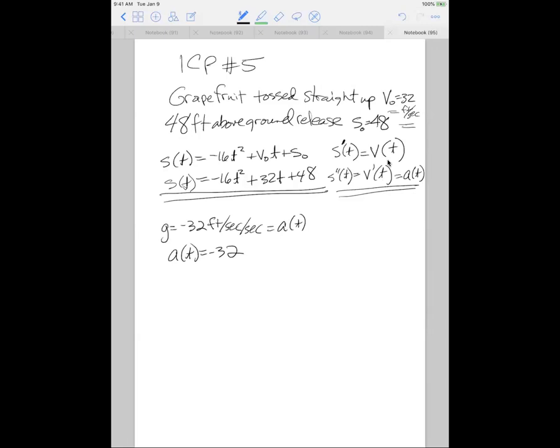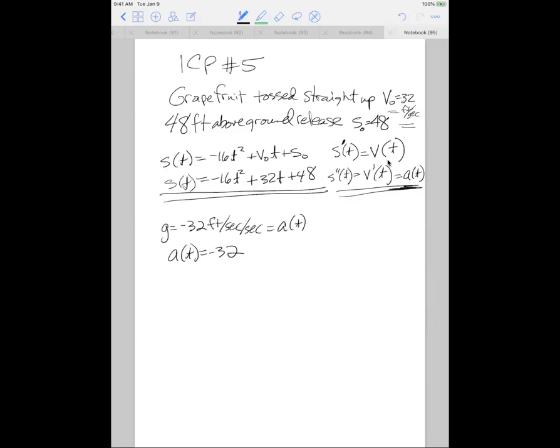Now, what's the reverse of that? Notice that acceleration comes from the rate of change of the velocity. So to get a formula for the velocity, we've got to go back one step, which is the antiderivative. What is the antiderivative of a constant?